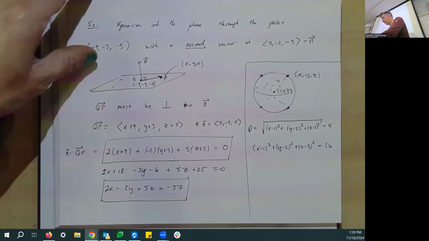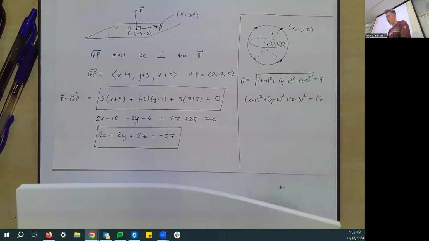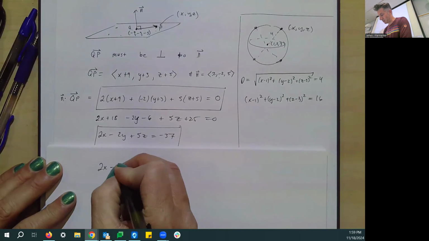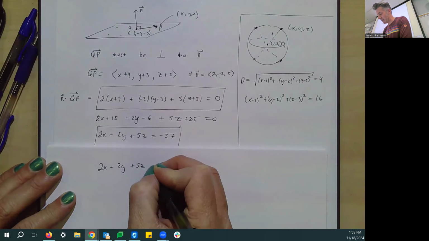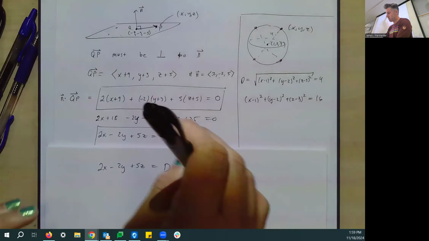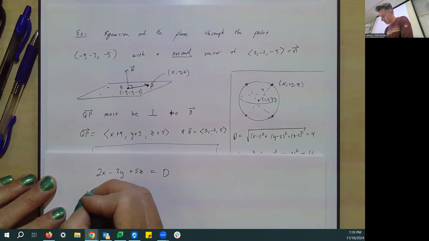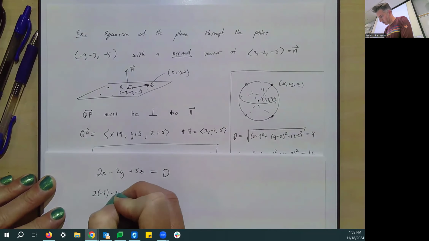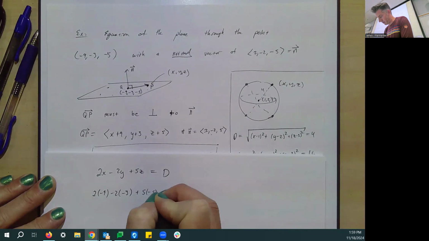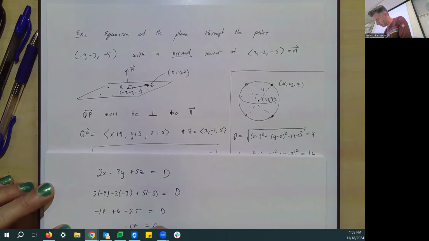So in the last minute, I'll mention that the faster way to do this is to say, we know what the coefficients of x, y, and z are going to be. We know we're going to get 2x minus 2y plus 5z equal to some constant, and then plug in the point that we know is in the plane, -9, -3, -5, to get 2 times -9 minus 2 times -3 plus 5 times -5 equal to d, and that's -18 plus 6 minus 25, which is -37.